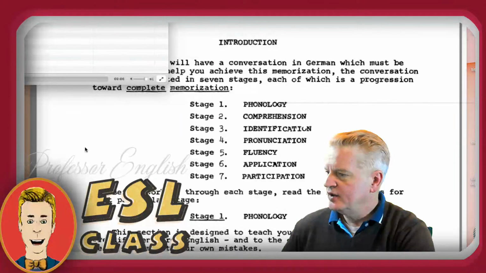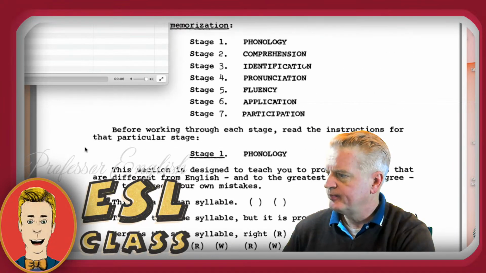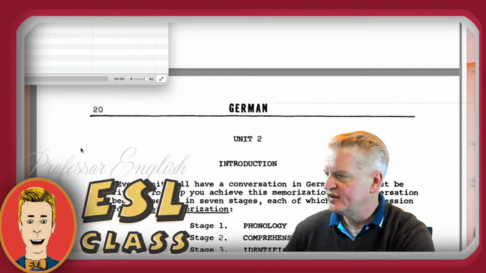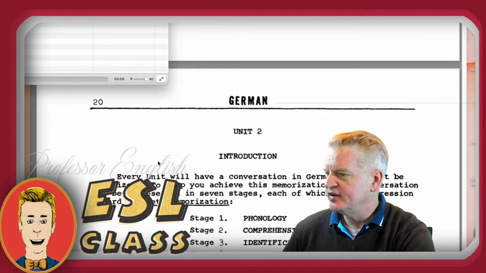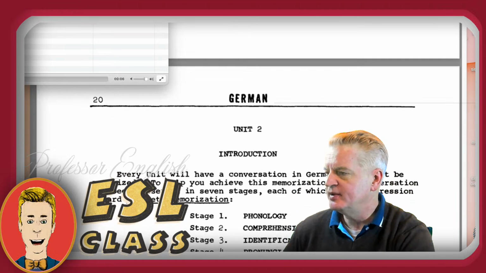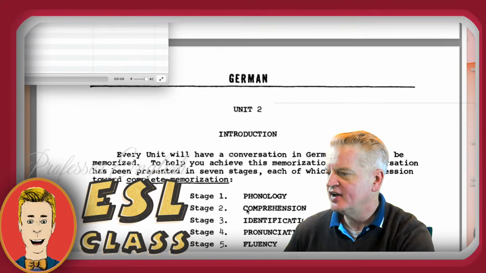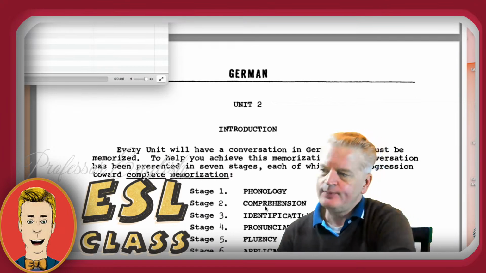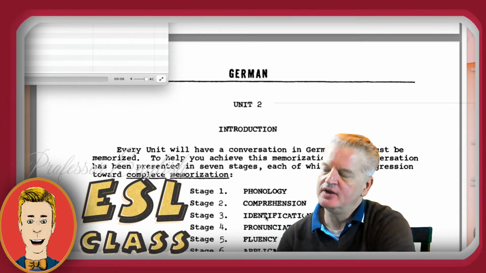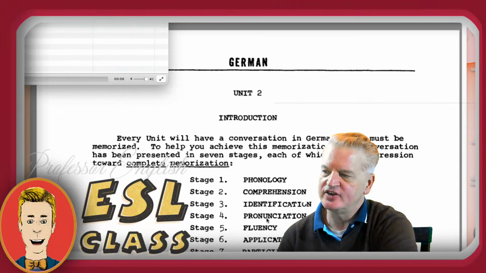So let's see, we've got Unit 2, Page 1. Now let's read what it says here. Every unit will have a conversation in German, which must be memorized. To help you achieve this memorization, the conversation has been presented in several stages, each of which is a progression toward complete memorization. Stage 1, phonology. Stage 2, comprehension. Stage 3, identification.